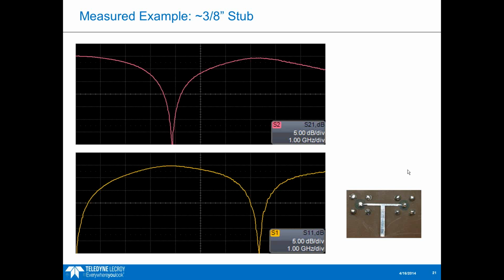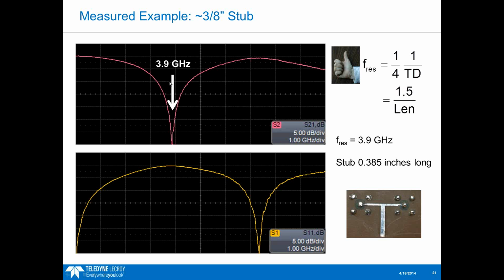So here's a measurement example. This was just a small stub structure I had on a board that I measured. If you look at the S21 plot, we see that big resonance right here. The scaling on this is 1 gigahertz per division, so this is roughly at 3.9 gigahertz. And again, you can see that energy is coming back into S11.